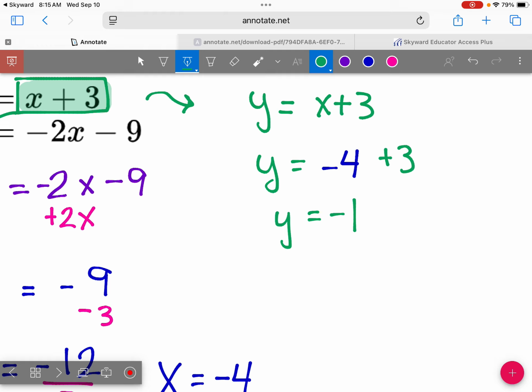I still owe you $1. If I owe you $4 and I pay you $3, I still owe you $1. So our answer here, our solution to this system, is the point negative 4. That's my x, and then my y, negative 1. So this is our solution right here.